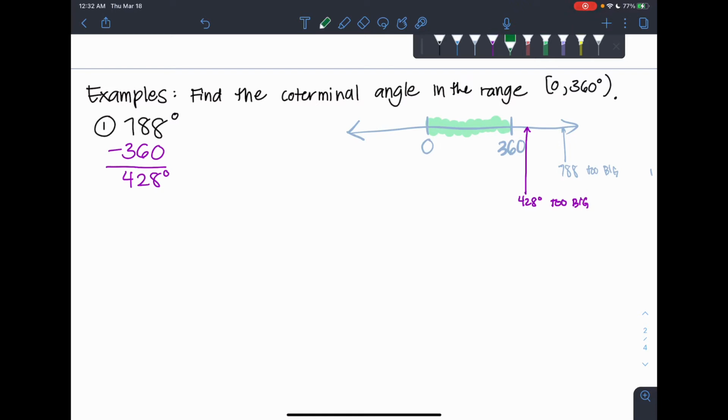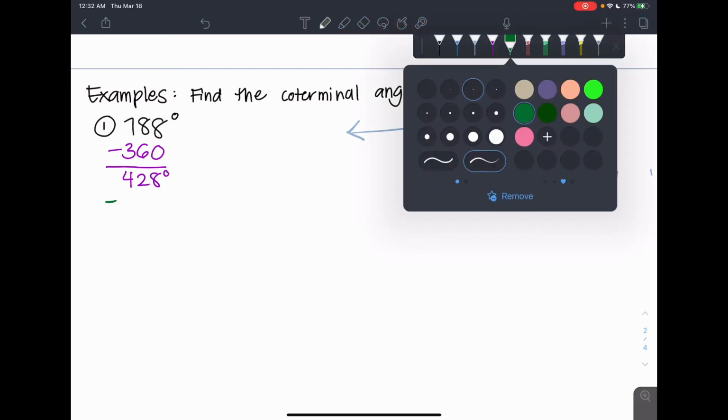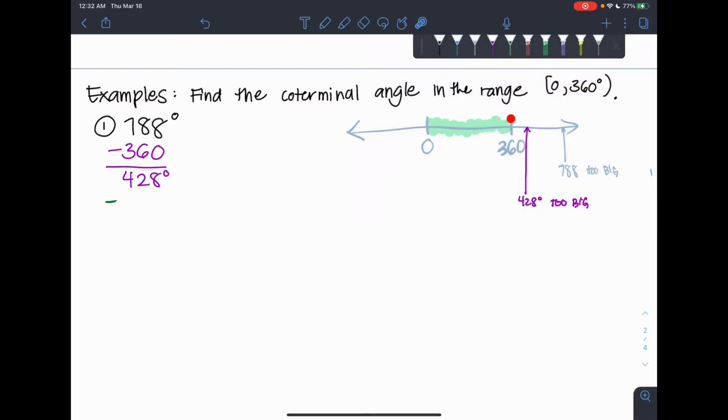So what we have to do is subtract 360 degrees again, because again, the goal is to get a number that lies between 0 and 360. Every time we subtract 360, we're subtracting a full rotation. That's all we're doing. So from 428, a full rotation is going to give us 68 degrees.